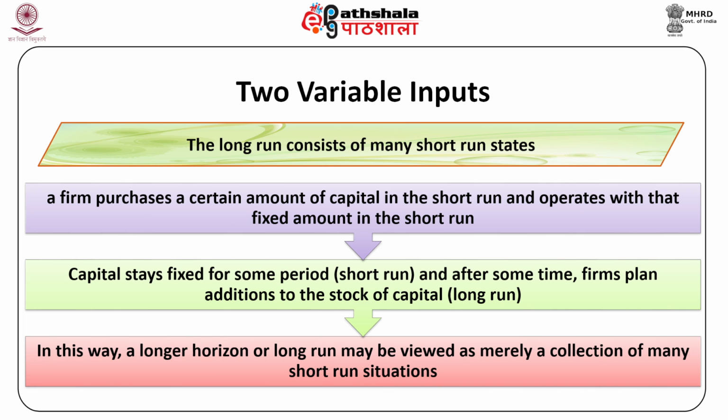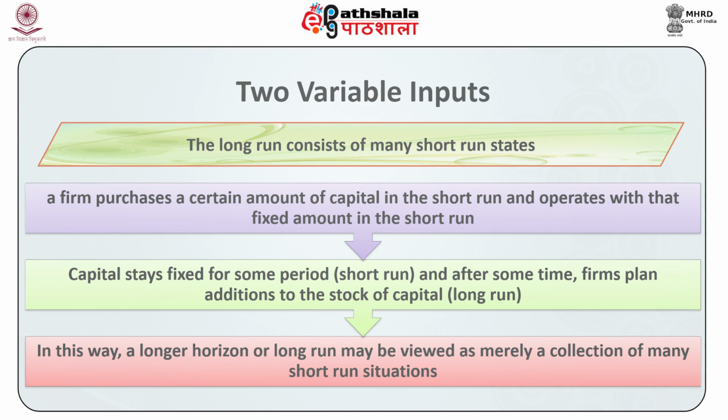A firm purchases a certain amount of capital and operates with that fixed amount in the short run. Capital stays fixed for some period, and after some time firms plan additions to the stock of capital, the long run. In this way, a longer horizon or long run may be viewed as merely a collection of many short run situations.